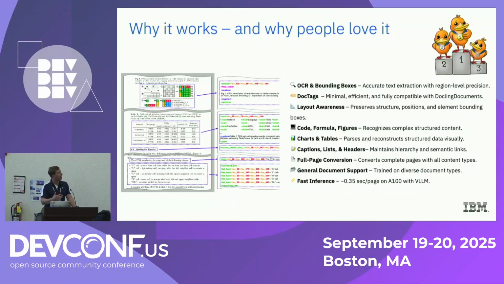Now, because we do that, we have a very compact way of representing very complex structures. So not only what type of text it is, what the semantic meaning of it is, whether it is part of a caption or a list, but we can have complicated nested list structures because we can have children.